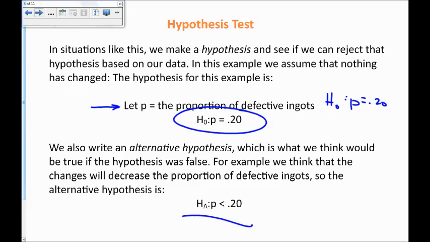It's written H sub A, and the A stands for alternative, and we are assuming that the proportion is less than 0.20. And that'll come into effect as we perform some calculations.